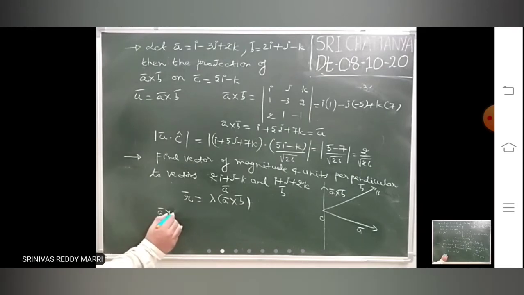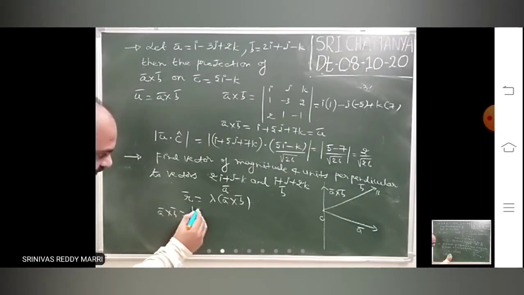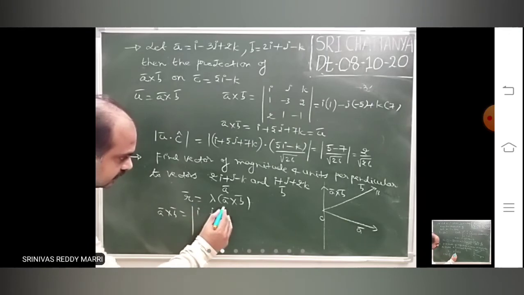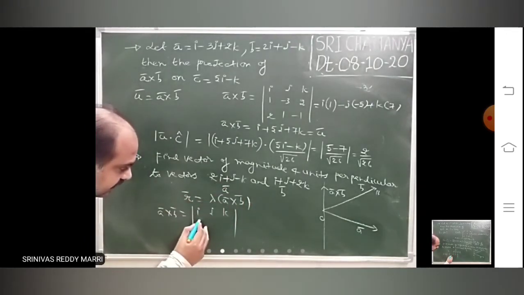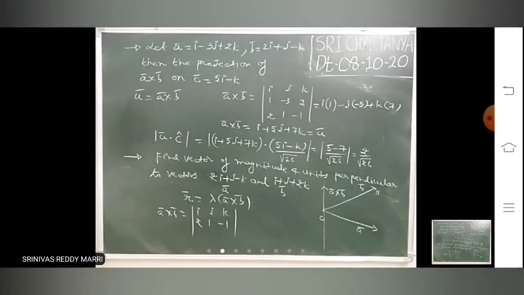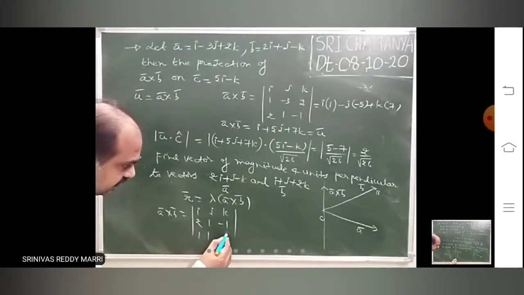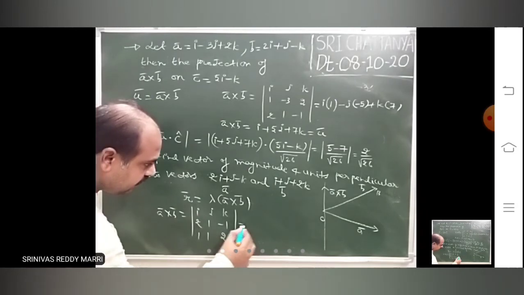First we will calculate what A cross B is. So i, j, k; 2, 1, minus 1; 1, 1, 2.